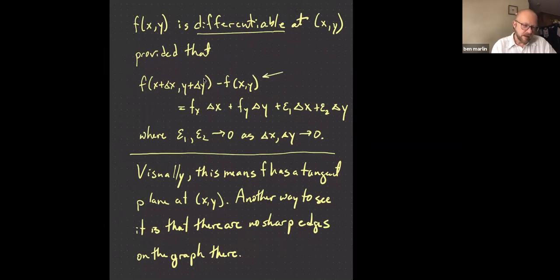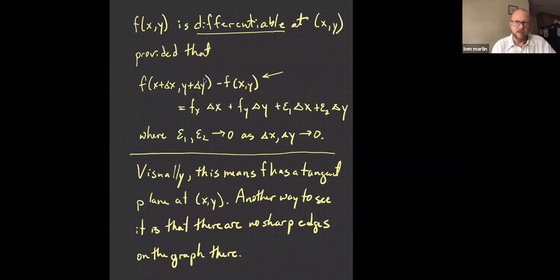And the equation, as you can see there, f of x plus delta x, y plus delta y. So if you remember what we did with our partial derivatives the other day, that had just an x plus delta x or just a y plus delta y. So with the differentiability definition, we are in fact going to have both of those going on at once.